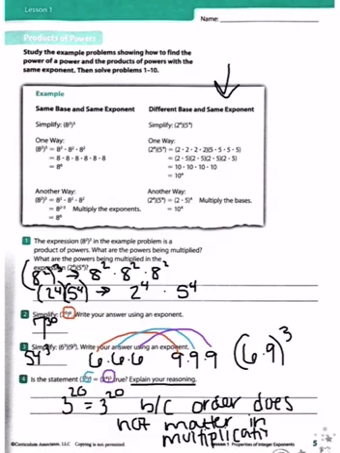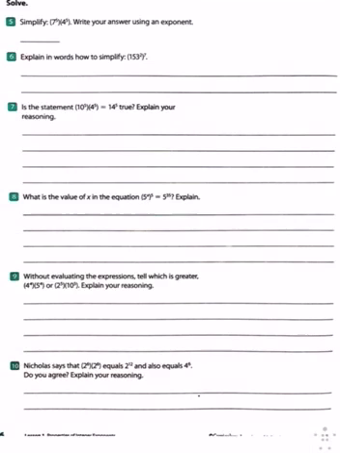Number 5. Simplify 7 to the fifth times 4 to the fifth. Write your answer using an exponent. So again, you should write out 7 times 7 times 7 times 7 times 7, because there's 5 of them, and then 4 5 times as well. You can see that you can pair them up 5 different times.